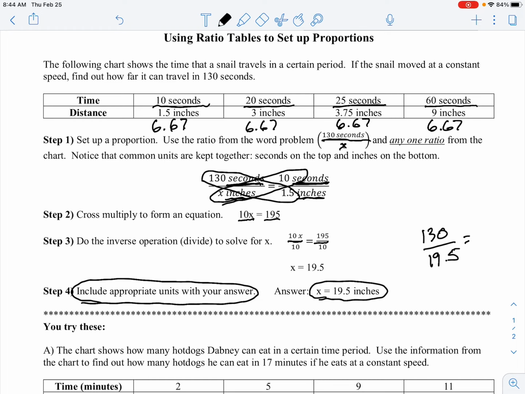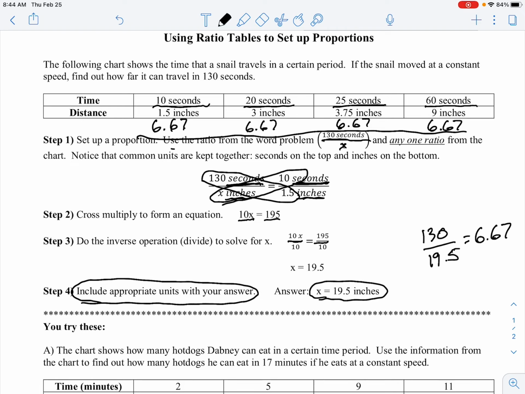Well, if we did it correctly, it should end up being the same as all of these ratios that we got up here, because this is still proportional the way we set it up. Let's test it out. 130 divided by 19.5. Well, sure enough, we get 6.67, the same ratio as all of our other examples from the table.